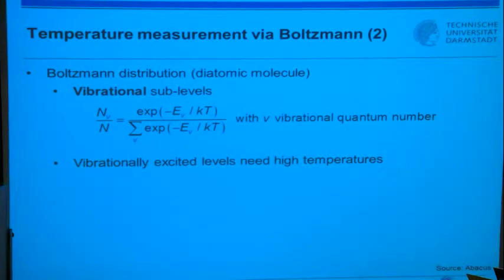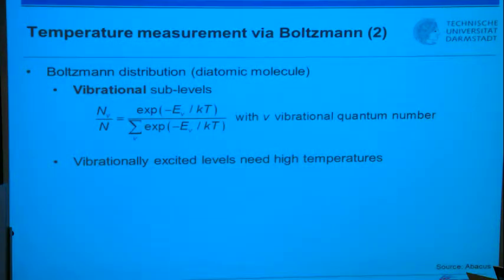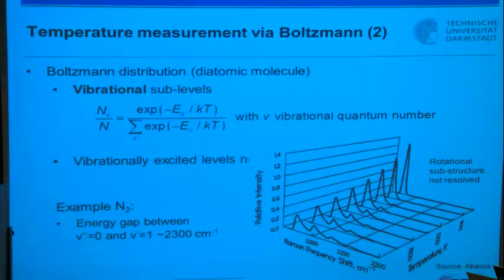However, the energy separation between adjacent vibration levels is rather large compared to the rotational degrees of freedom, and that's why you need rather high temperatures that vibrational levels are excited in your sample. And that is shown here schematically, at least for nitrogen, where the energy gap between the ground level of vibration and the first excited level of the vibration is in the order of 2,300 wave numbers.